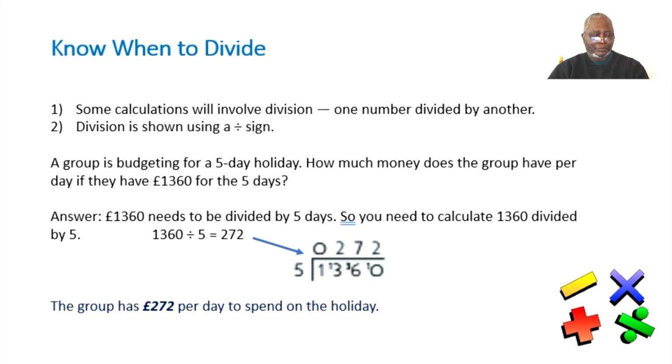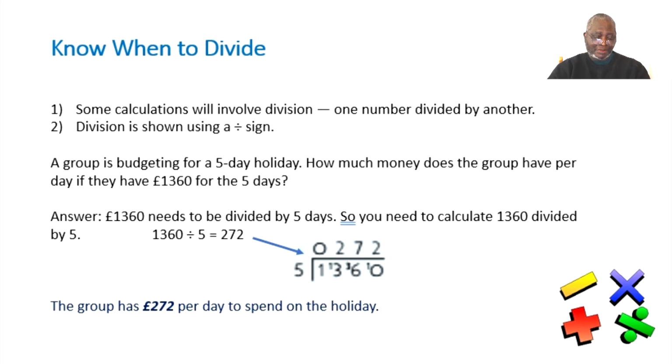And that is how you lay out your calculations without a calculator. Okay, you put your 5 outside the division line. You draw a bar at the top where you put your answers, and then you put the amount you want to divide inside that box, or inside the division line.